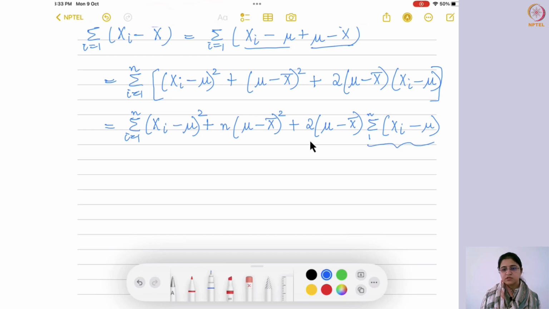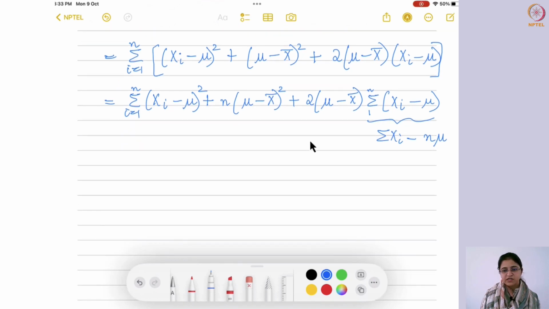What is this term? Summation, if you take inside, this would be summation xi minus n times mu. Okay, and what is summation xi? Since x bar is 1 over n summation xi, so summation xi would be the same as n x bar minus n mu.